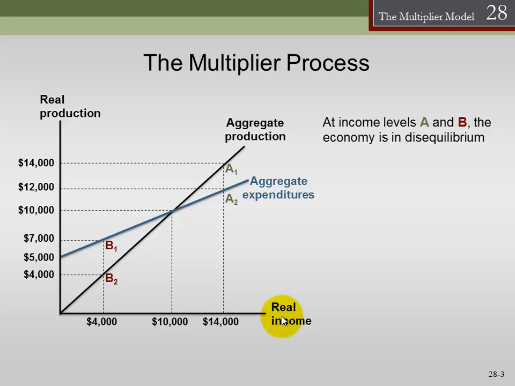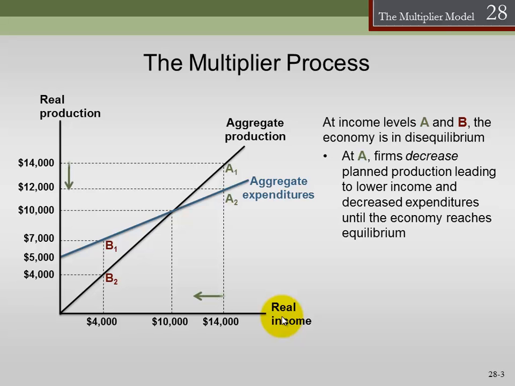So let's look at the multiplier process. At income levels A and B, we're either here or here, in disequilibrium. This is our equilibrium point right here, where our yellow circle is. What we want to see is, what happens when we're off of that equilibrium?